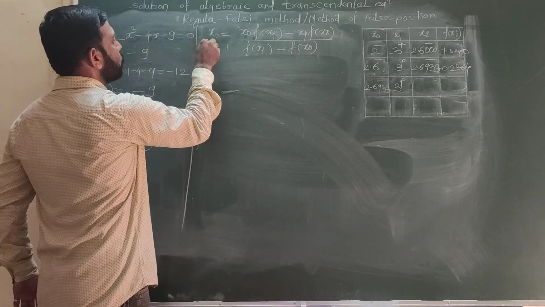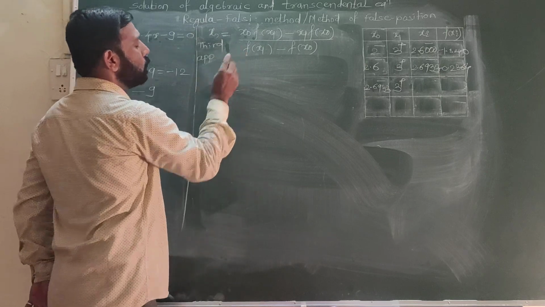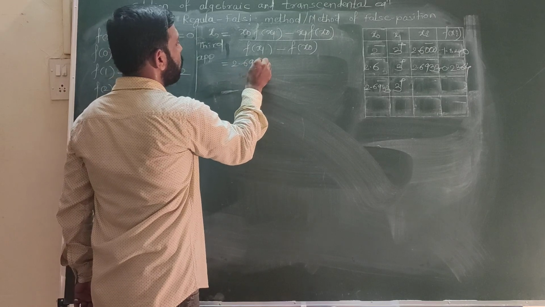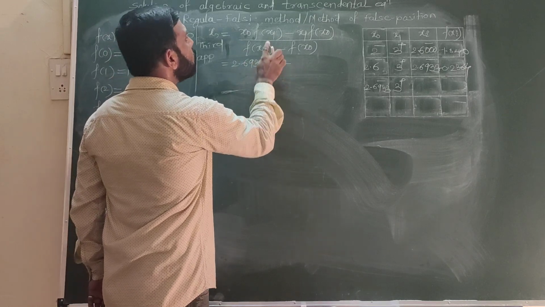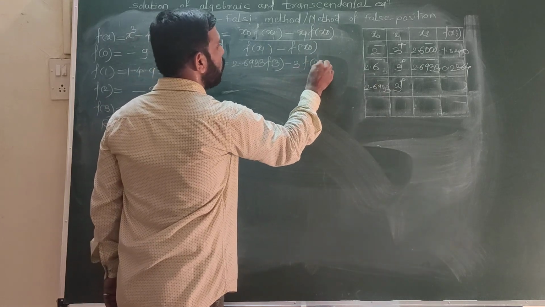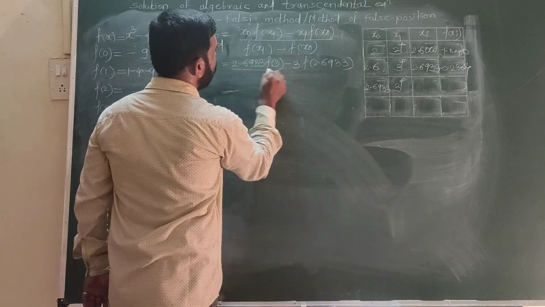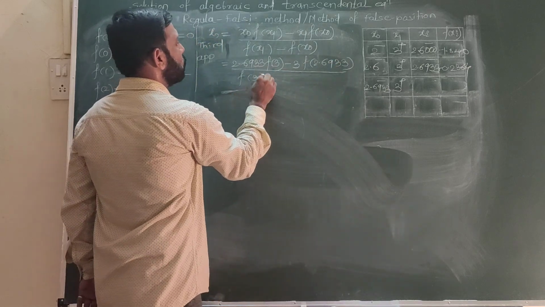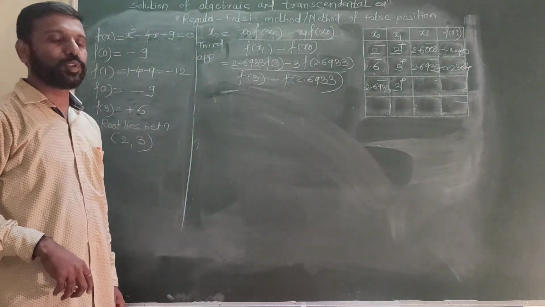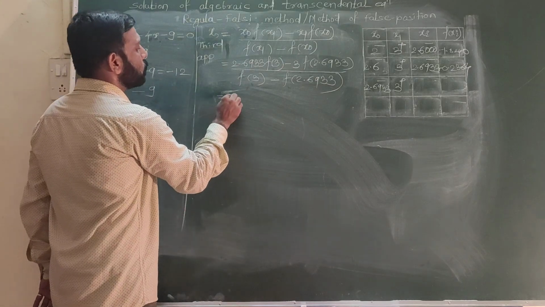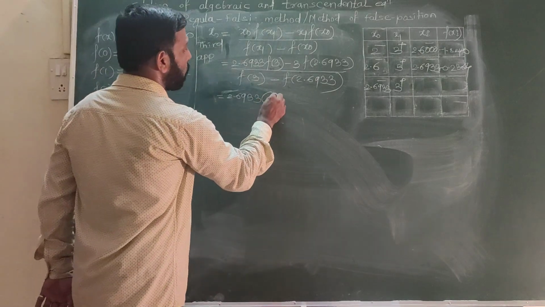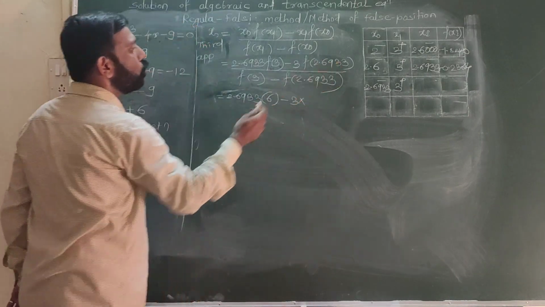Third approximation: x0 is 2.6933, x1 value is 3. So by the table we can easily write these values, what x0 and x1 are. We do not get confused with these values. Once you understand the method, then we can easily proceed with the calculation part. f of 3 value 6 minus 3 into f of 2.69.